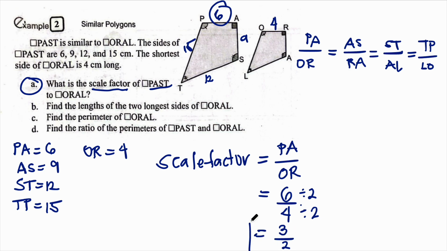The scale factor is 6 over 4, or in simplest form, 3 over 2. This is the final answer for the first question.